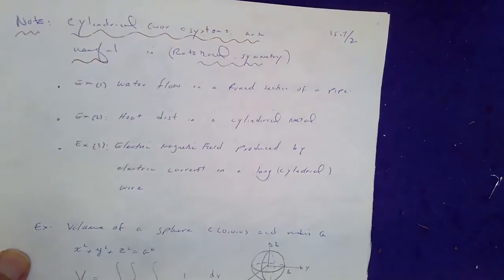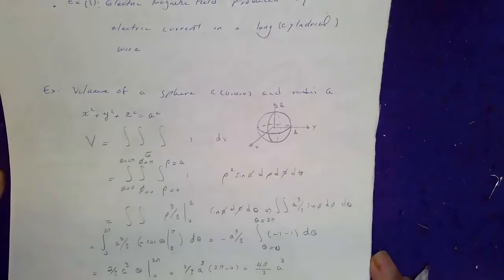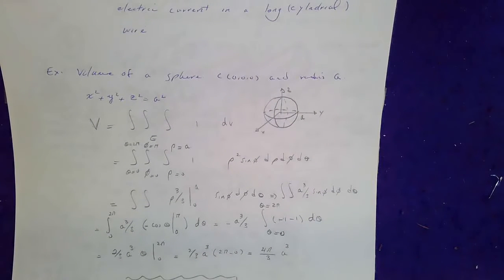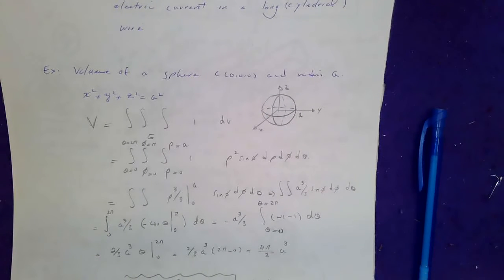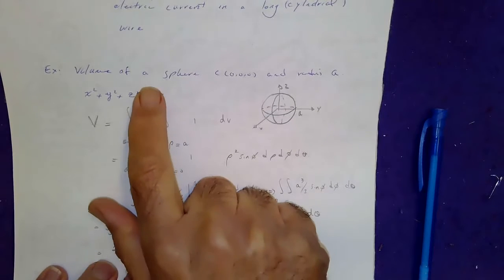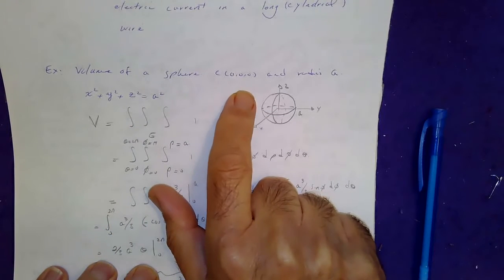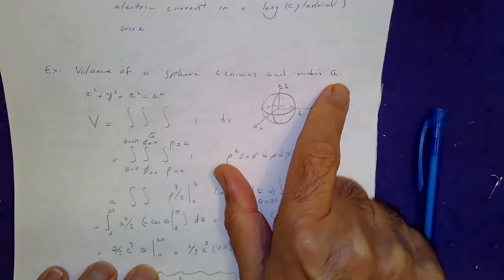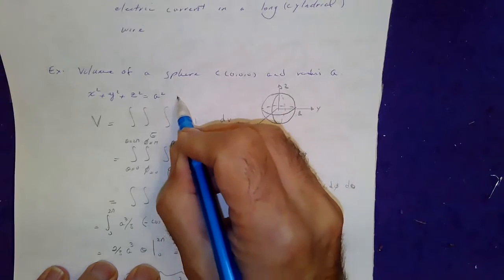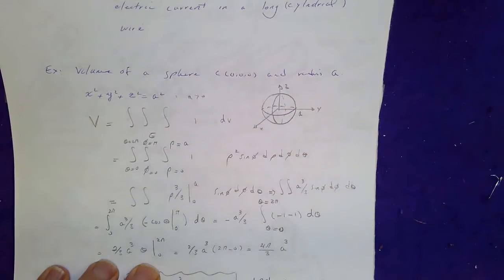On the other hand, sometimes we're dealing with spheres, in one form or another. So that's where spherical coordinates kick in. For instance, let's find the volume of a sphere centered at 0, 0, 0 with radius a. Okay, a is a positive real number, correct?